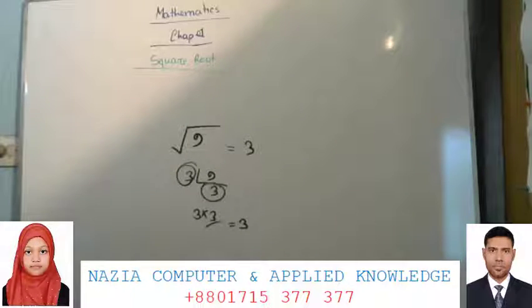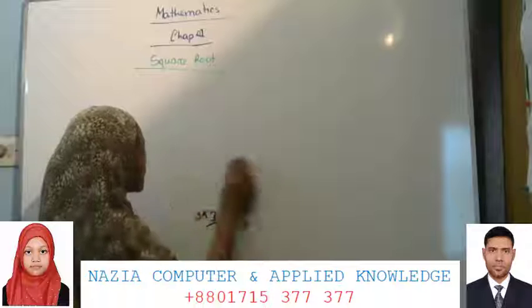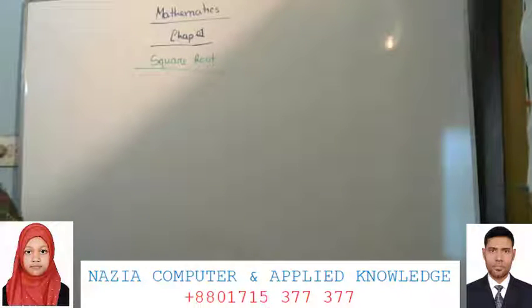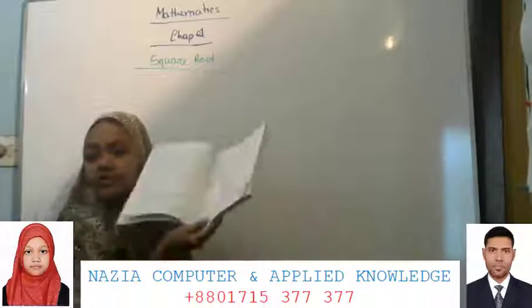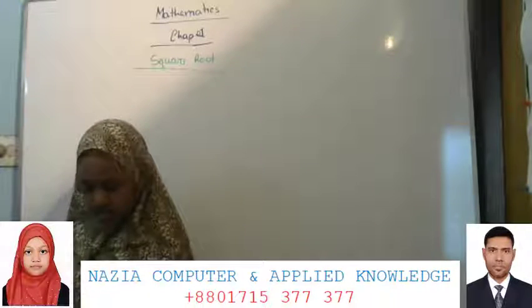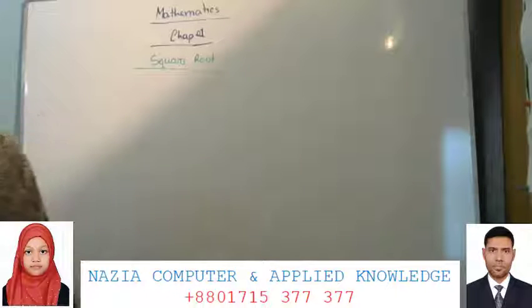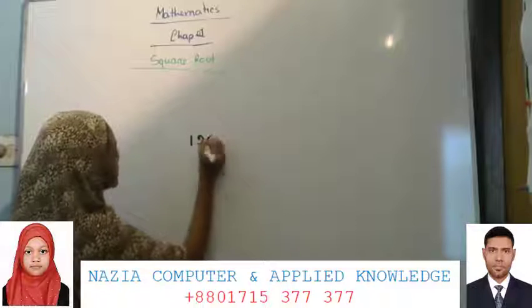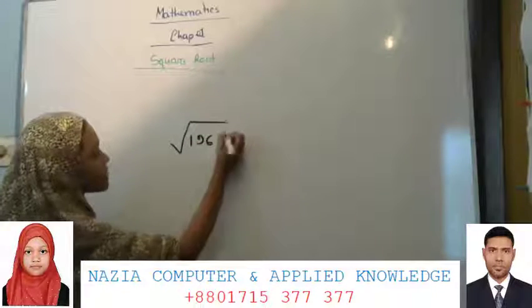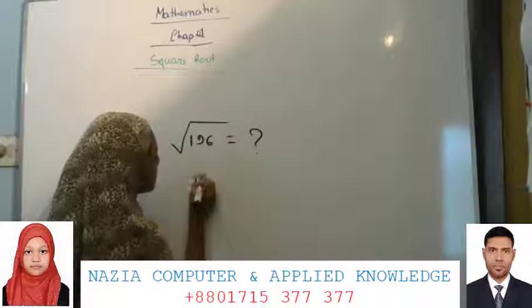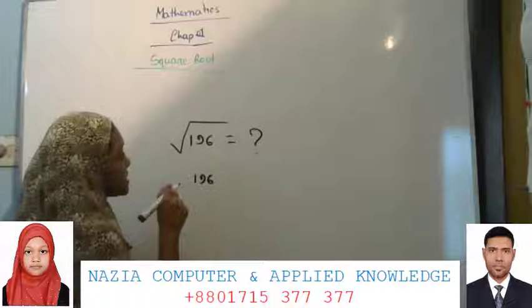Okay, so let's go to another number. Let's talk about 16. 16 is also easy in our class 7 book. Let's talk about 196. So what is the square root of 196? We have to find it in the prime factorization method.